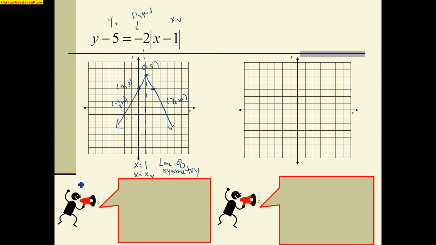I already did this. This is my little icon for this, the describe guy. And remember, you're always describing the transformation from normal. This absolute value graph moved 1 unit to the right, 5 units up, was flipped or upside down, and more vertical.